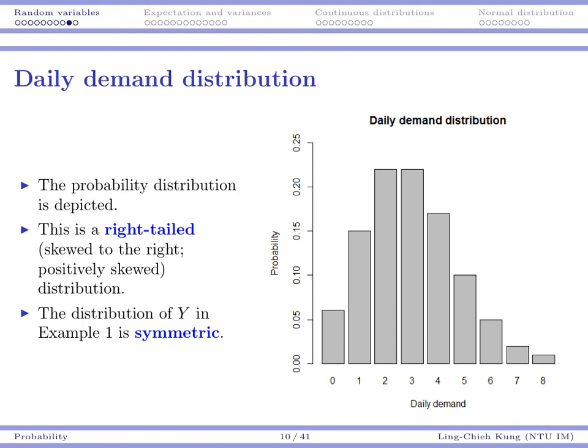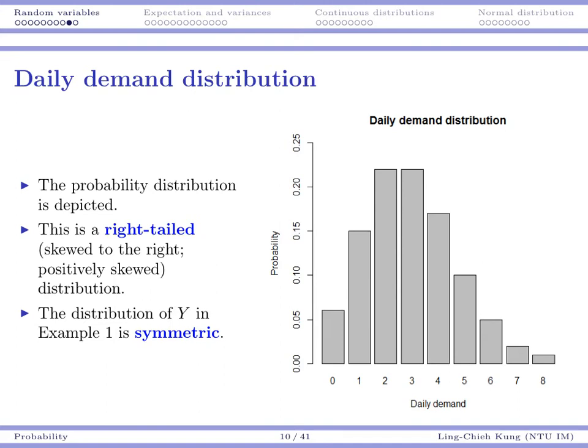Okay, then I probably want to visualize the demand distribution, so I draw a bar chart here. Please make sure that you know this is a bar chart, not a histogram. For each possible value, I can draw a bar to represent its probability. Very quickly I can see that the most possible values are 2 and 3, and beyond 2 and 3 or below 2 and 3, the probability decreases.